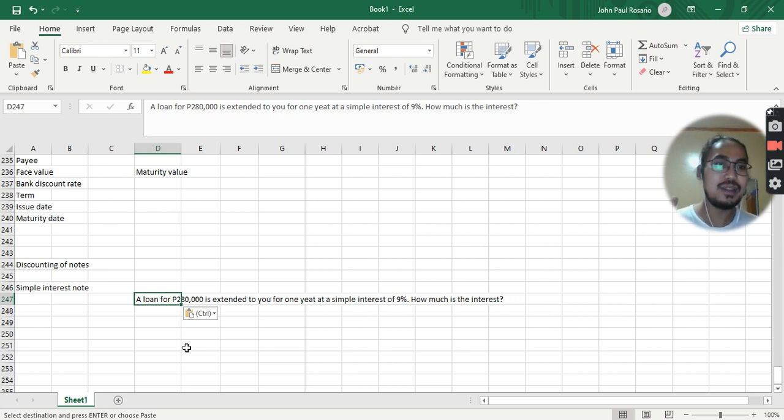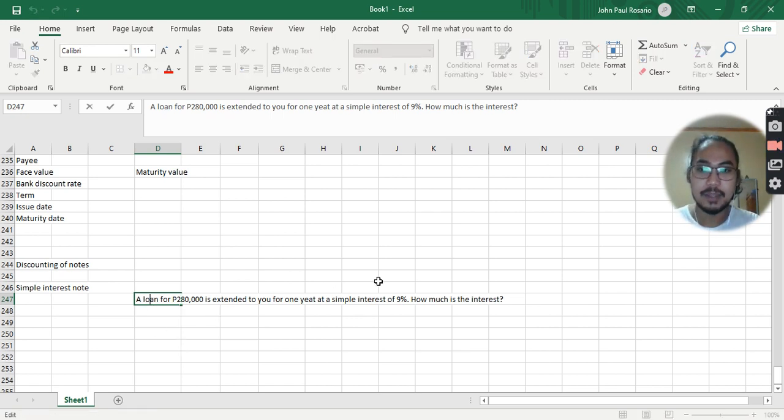So for a simple interest note, for example, a loan offer is extended to you for 1 year at a simple interest of 9%. How much is the maturity value?